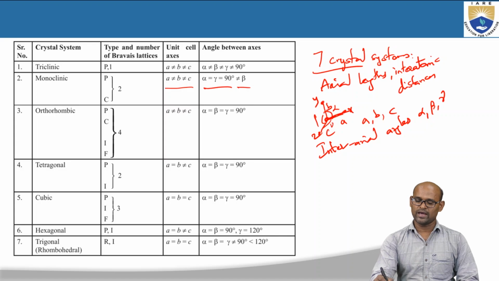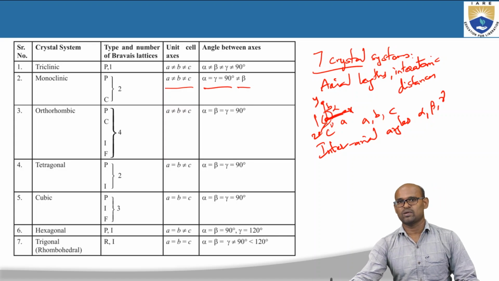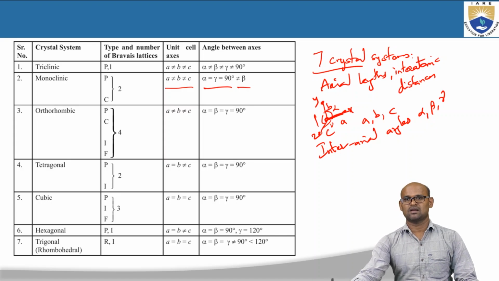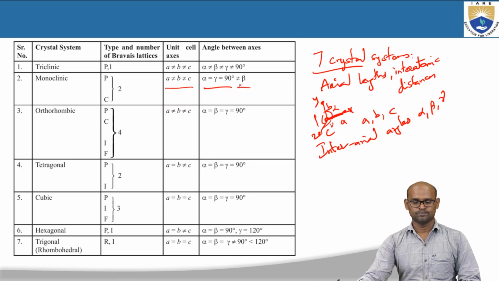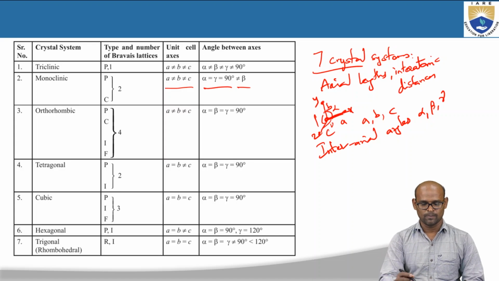That means the XY axes are perpendicular and the YZ axes are perpendicular, but the Z and X axes are not perpendicular. That is the monoclinic crystal system, which has two Bravais lattices.